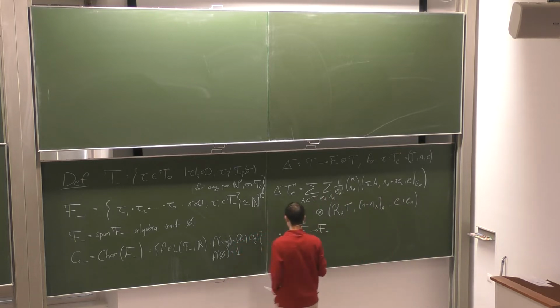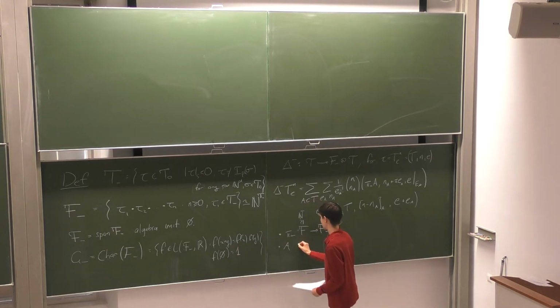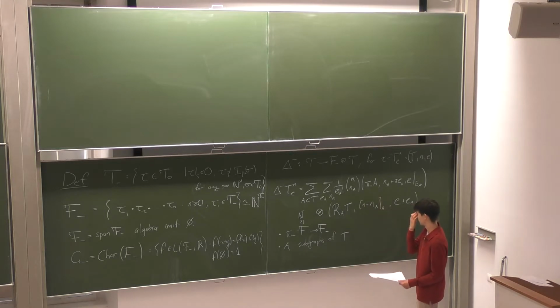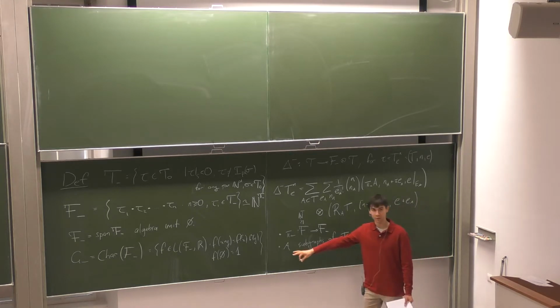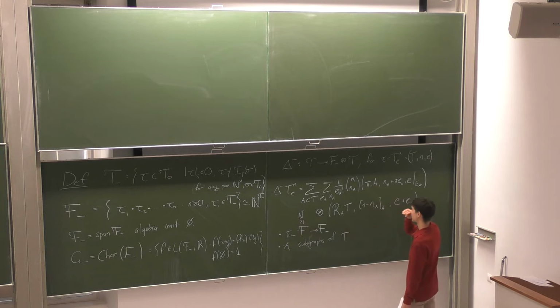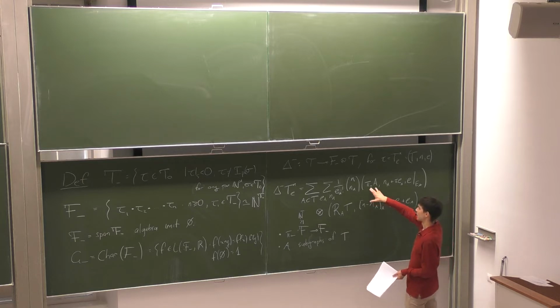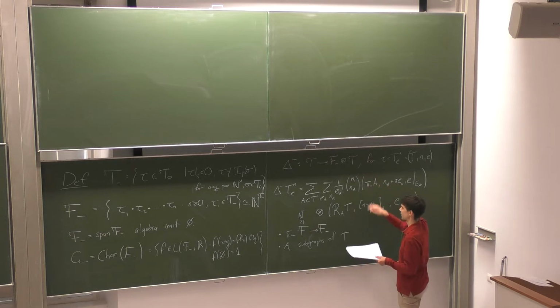A runs over all subforests, subgraphs of T. And if I extract a subgraph that has positive degree, or somehow if I extract a subgraph and one of the components of the subgraph has positive degree, then I kill the term. I only want to see things in F minus over here.